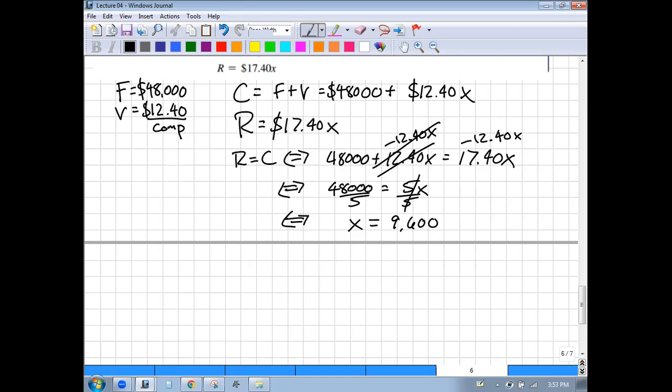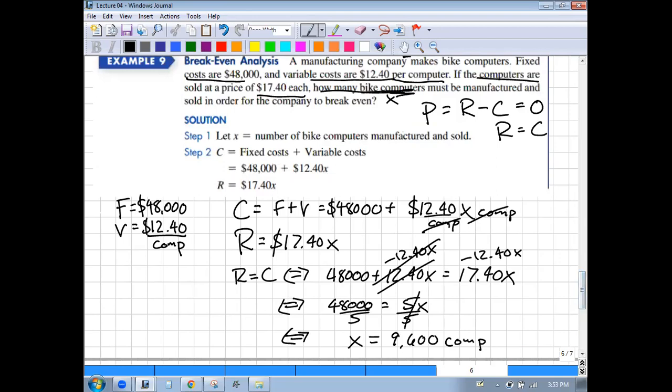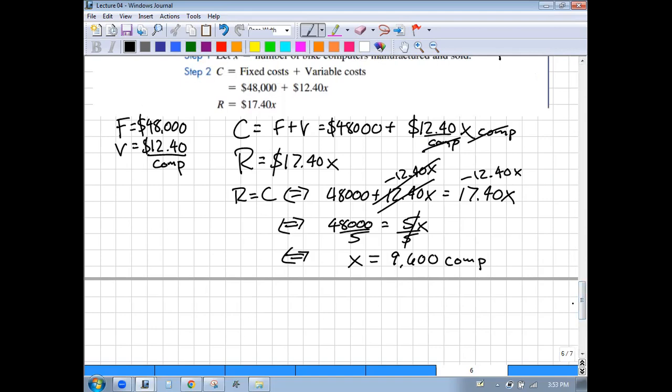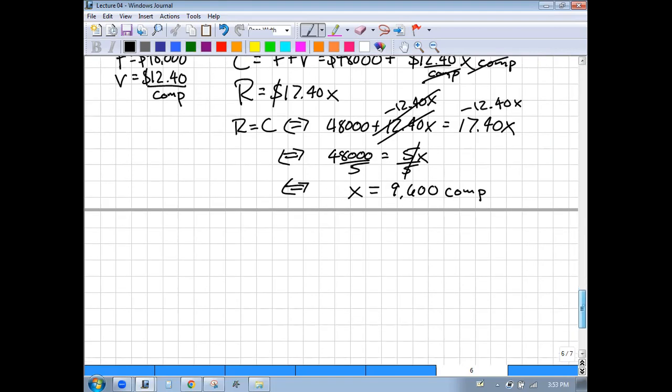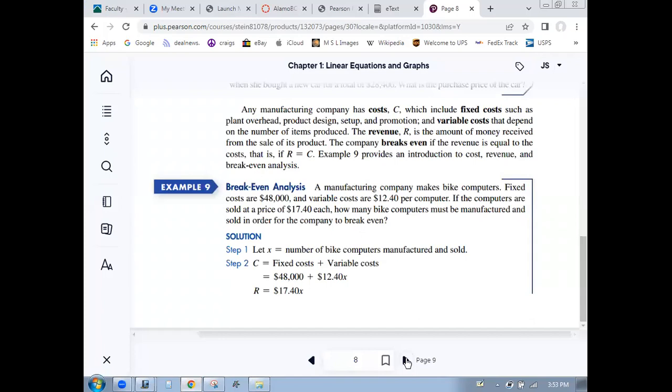X is in units of computers, because this is really 1240 per computer, and this is X computers. So X has units of computers like we wanted it to have, because that's what the question's asking. How many computers? Any questions? The business part is easy, right? The revenue has to equal the cost for the profit to be zero. That's your break-even point.